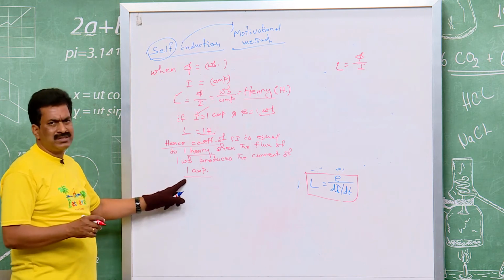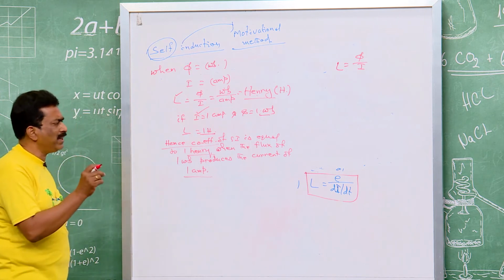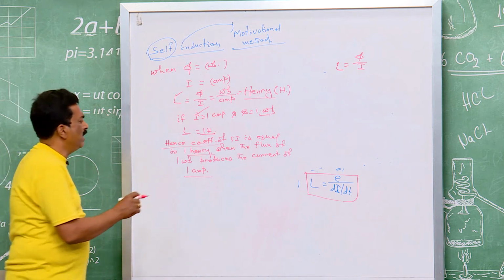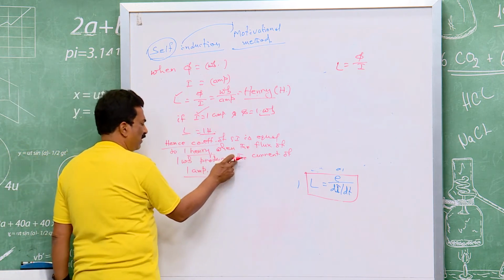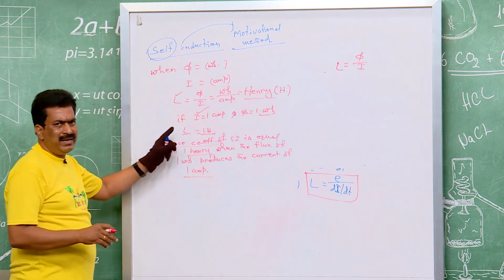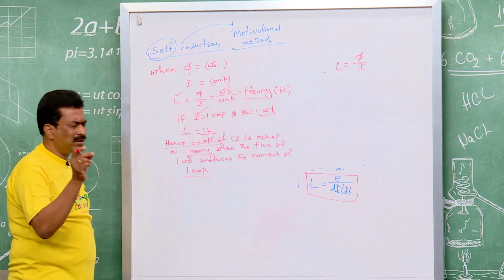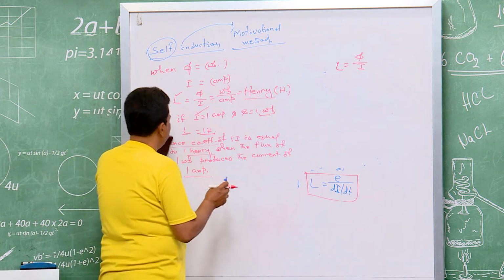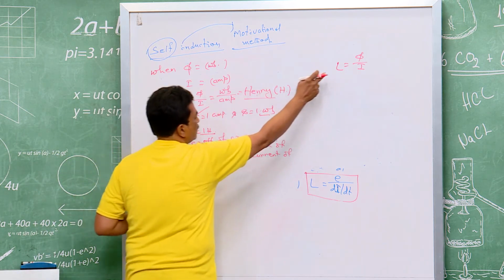So you have to write its definition. When the question comes, define Henry for 2 marks, you first write its definition, then its dimension also. By giving the dimension, you will get 100% of the marks. So this is the Henry for this definition.